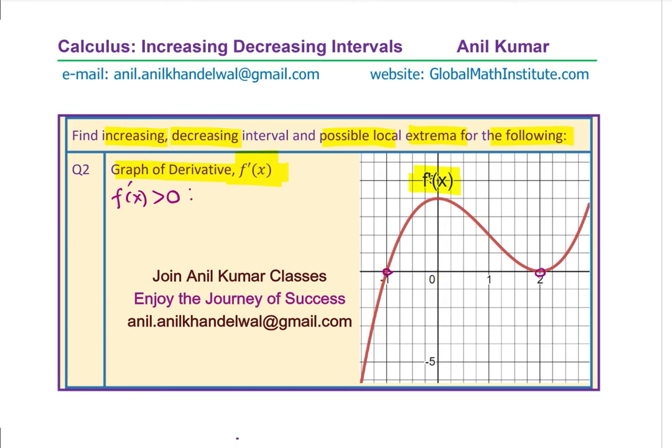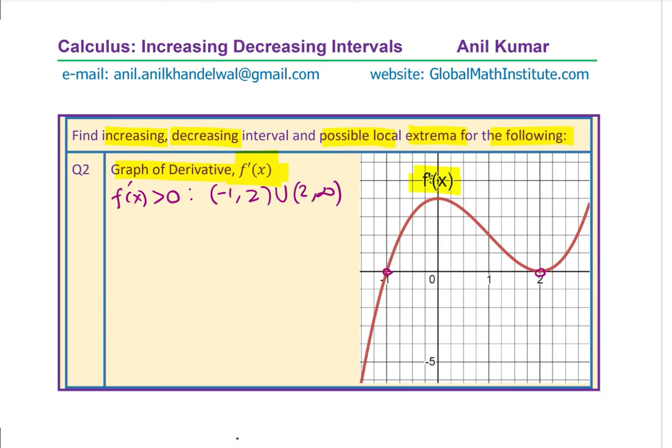Increasing interval for the graph is, let me write down, from minus 1 to 2. At 2 it is 0, so we will not include 2. And then from 2 to infinity. Because here the derivative is greater than 0.